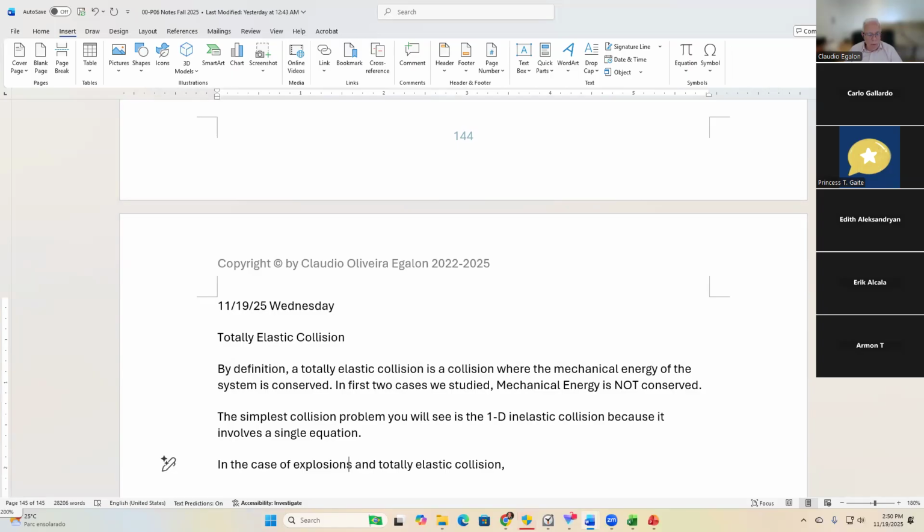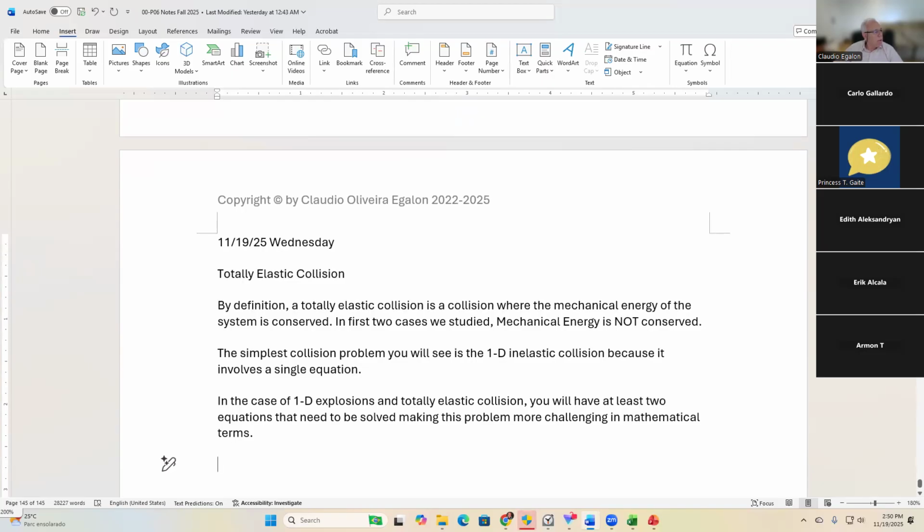In the case of 1D explosion and totally elastic collision, you will have at least two equations that need to be solved, making this problem more challenging in mathematical terms.